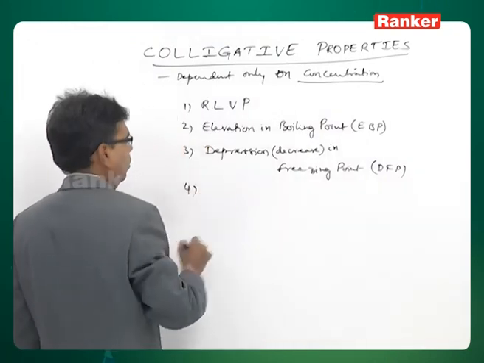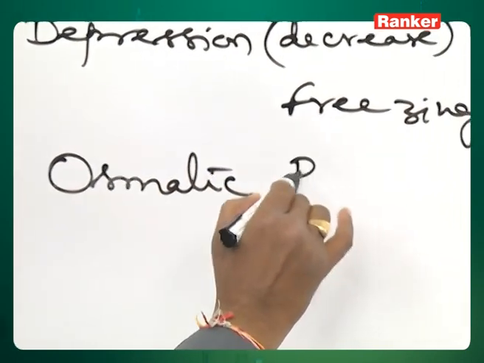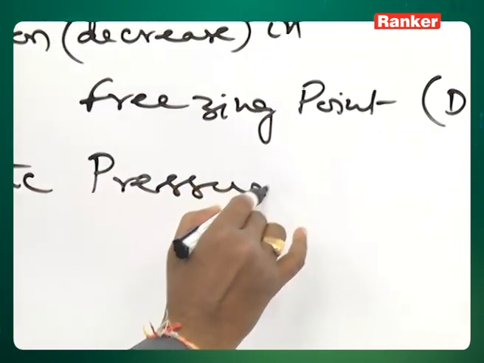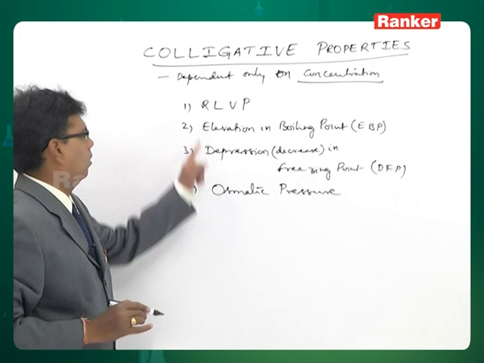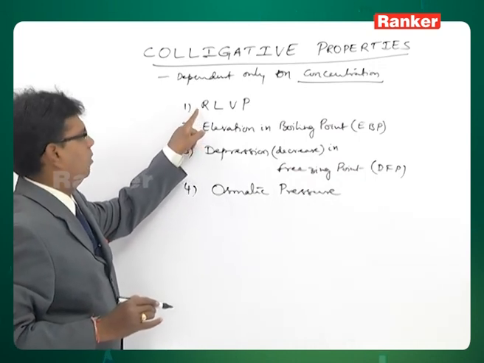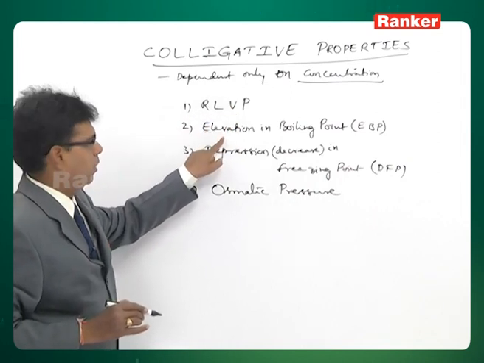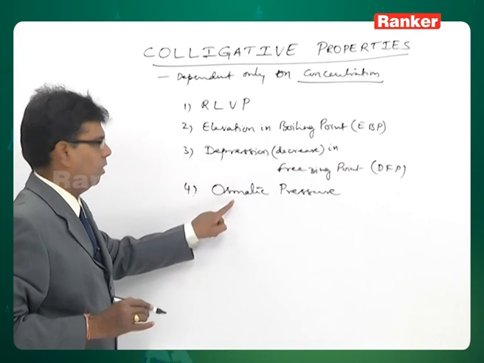Fourth is osmotic pressure. The colligative properties are 4 in number. They are relative lowering of vapor pressure, elevation in boiling point, depression in freezing point, and osmotic pressure.